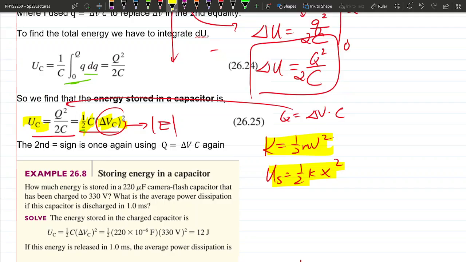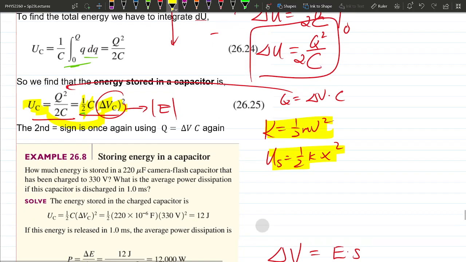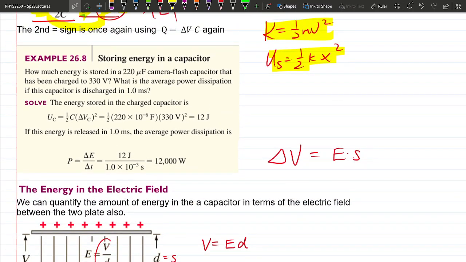So this electrical potential energy is 1/2 C, the capacitance, times the voltage squared. It's always 1/2 times some constant times your variable squared. The voltage is the variable in this case. It's neat that they all follow the same format.